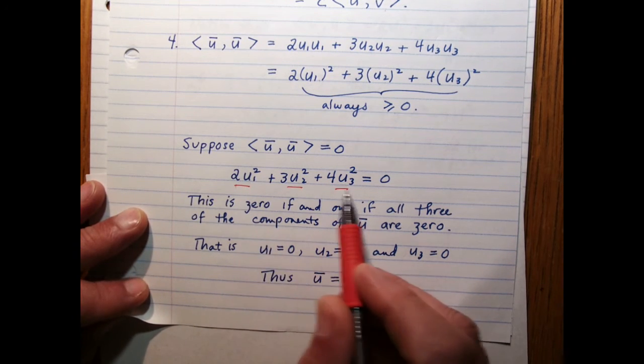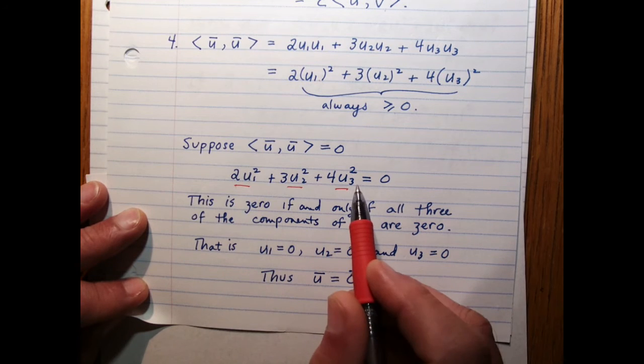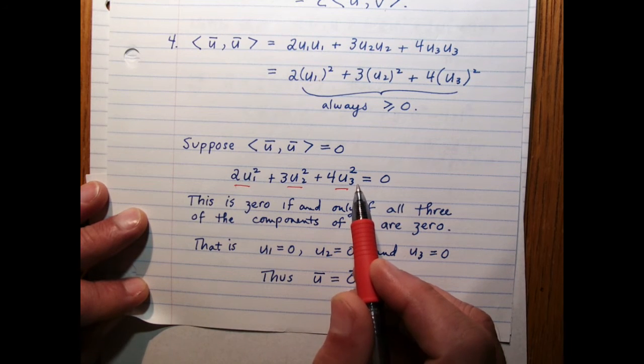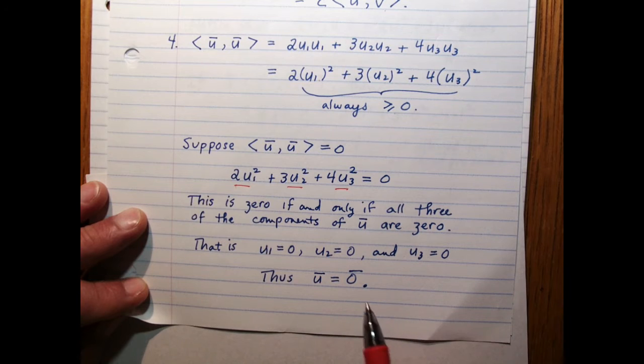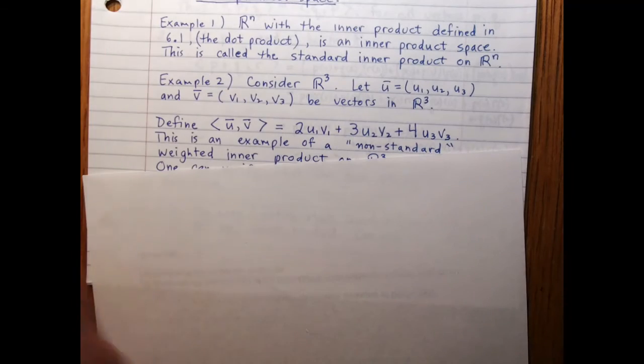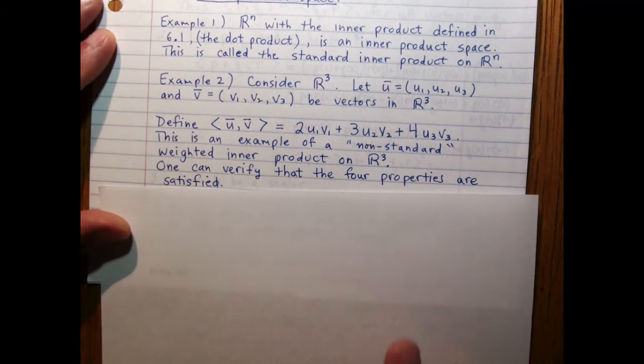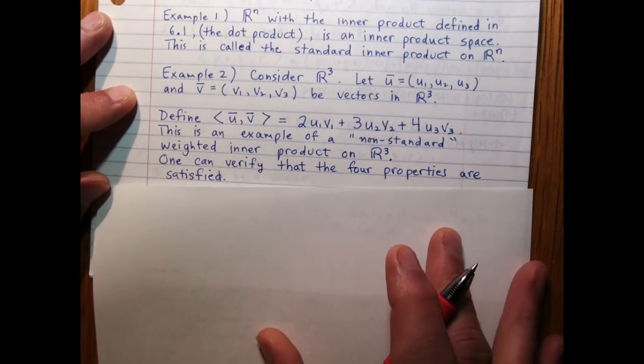If any one of them is non-zero, I'm going to get a sum here that is positive and not equal to 0. So you kind of have to think through the idea of it, but we've actually verified that the only way that the inner product of a vector with itself could be 0 is if that vector is 0. And so we verified the 4 properties for the example 2 situation.